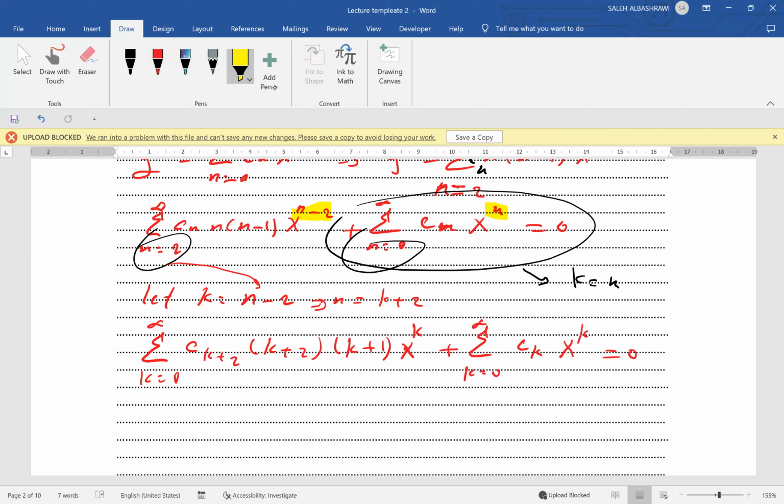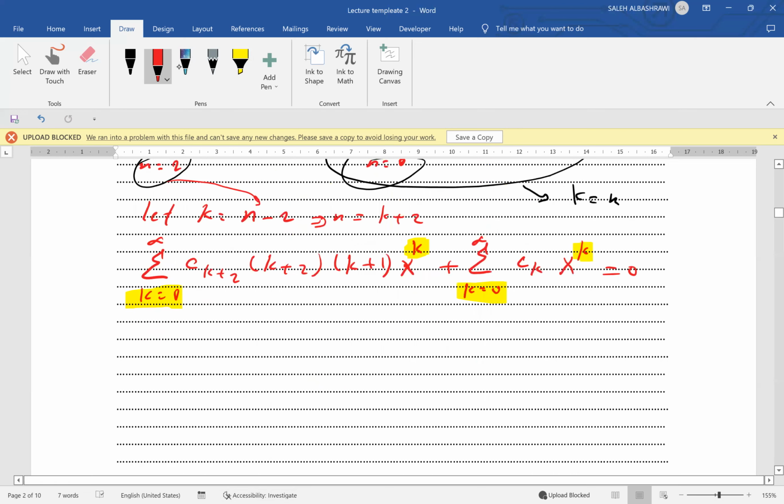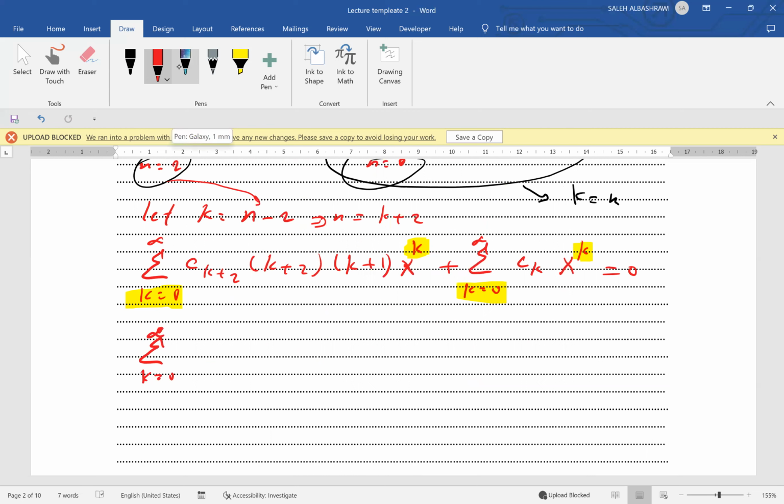And we can see k start from 0 for the two series, and the powers are the same. So I can combine the two series in one sigma, k equal to 0 to infinity of, I will take x to power k as a common factor.